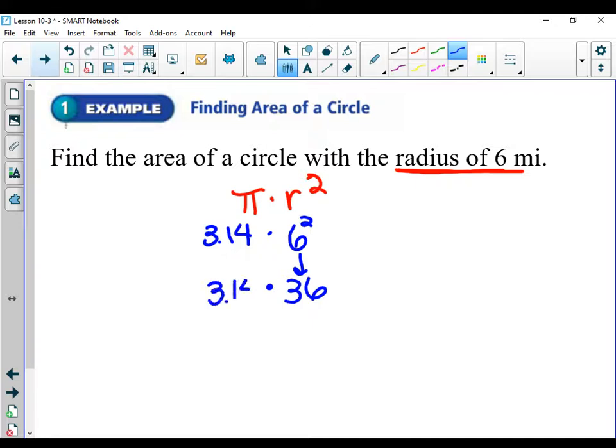Times 3.14. It is a calculator day. Find one near you. Please don't use your phone.